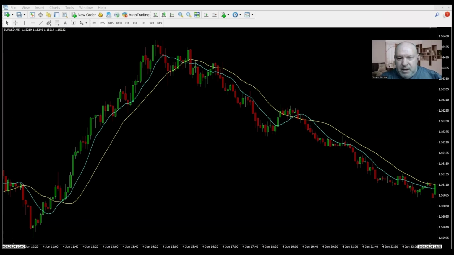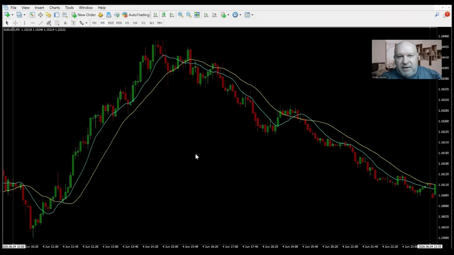All right. First of all, as you can see, I'm using the MetaTrader 4 trading platform, but you can use this trading strategy on any trading platform out there as long as you have moving average indicators pre-installed on it.